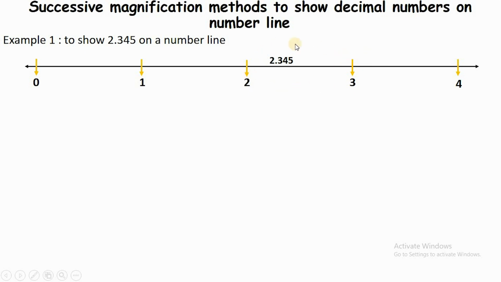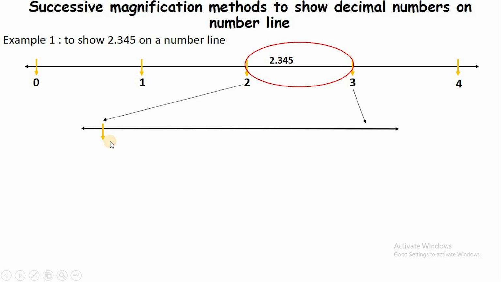Therefore, what we are going to do is magnify, that is zoom in, this portion of the number line, that is 2 and 3. We'll zoom in on this, and at the 2 ends we'll take 2 and 3. Now this is the zoomed-in portion of 2 and 3.